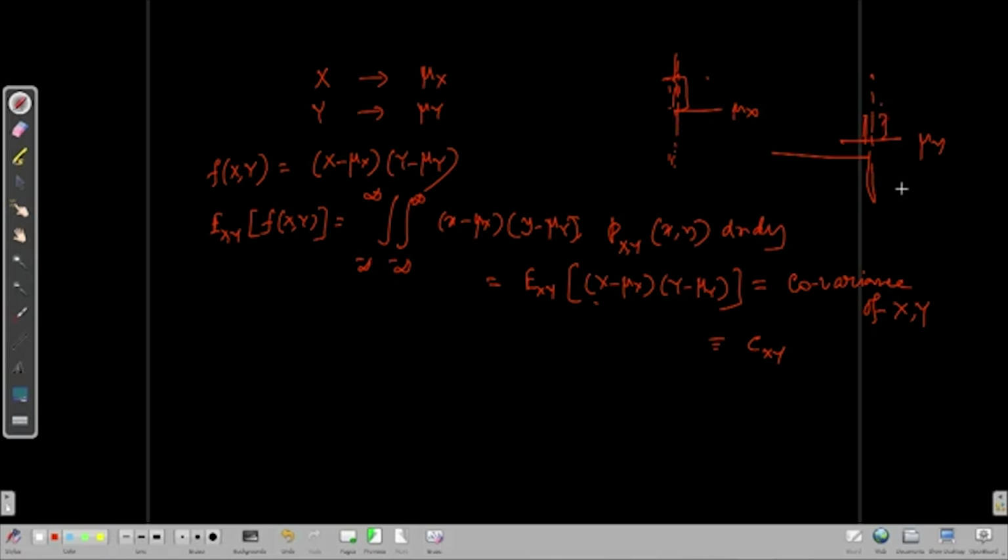So if you average out the 4 cases, it will be 0 or close to 0 if they are not correlated to each other, not influencing each other. So if they are uncorrelated, then this value, covariance, will be 0 or close to 0, ideally 0. So this implies x, y uncorrelated.